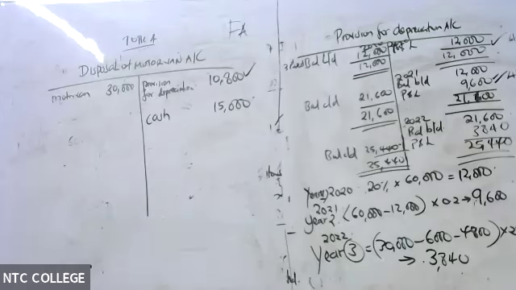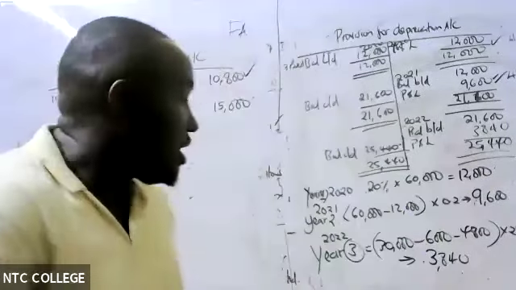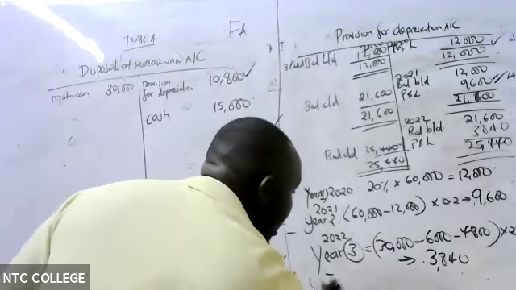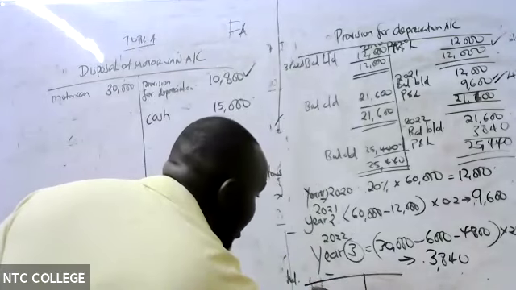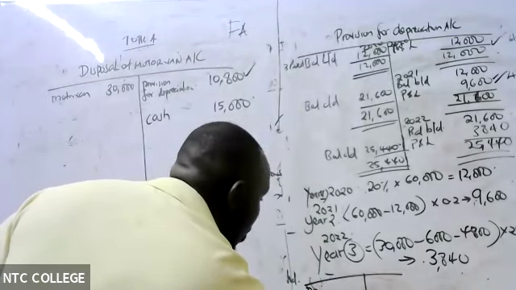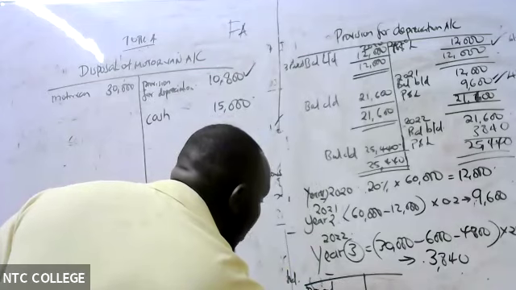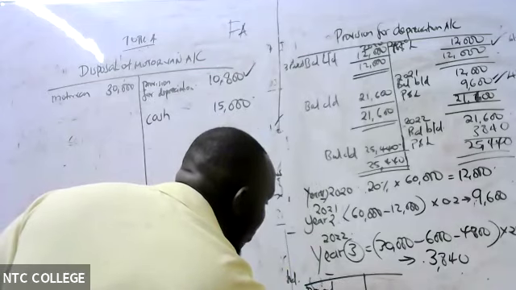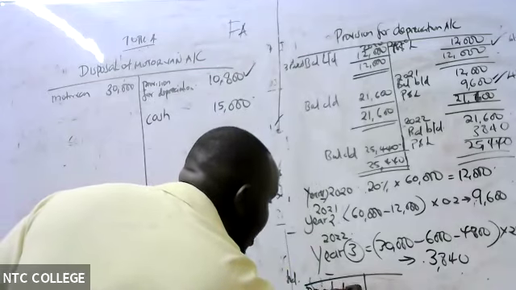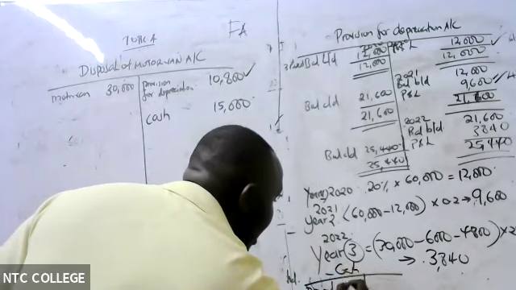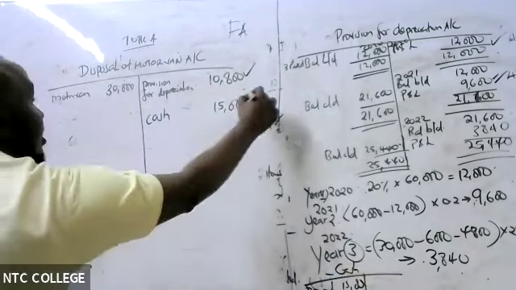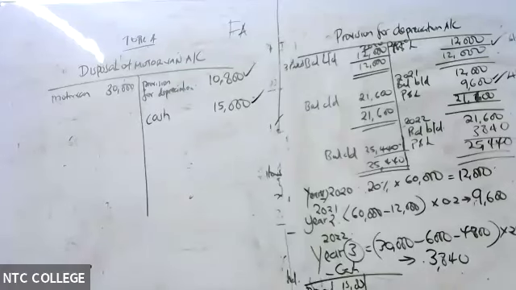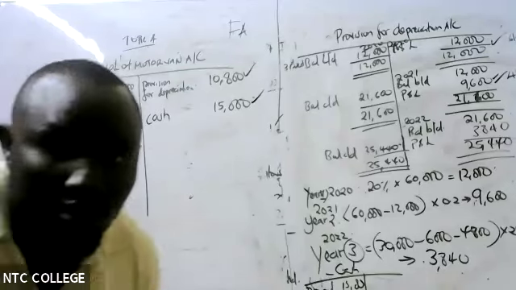If I was to open a cash account here, kuna cash imeingia, tunasema disposal of motor van. Cash imeingia, this is cash account, that is 15,000. And then we credit disposal. Tunaelewana?